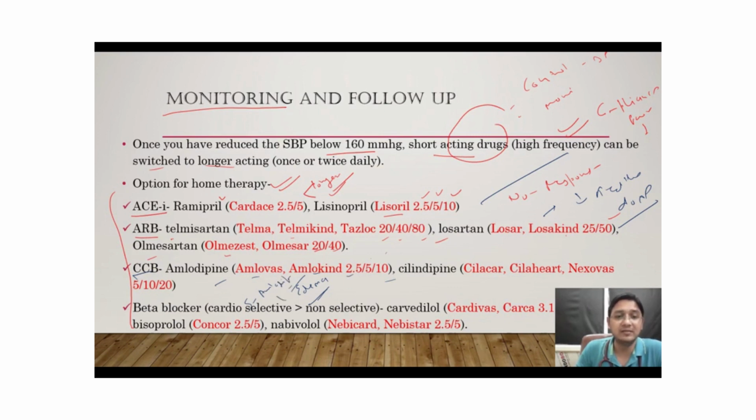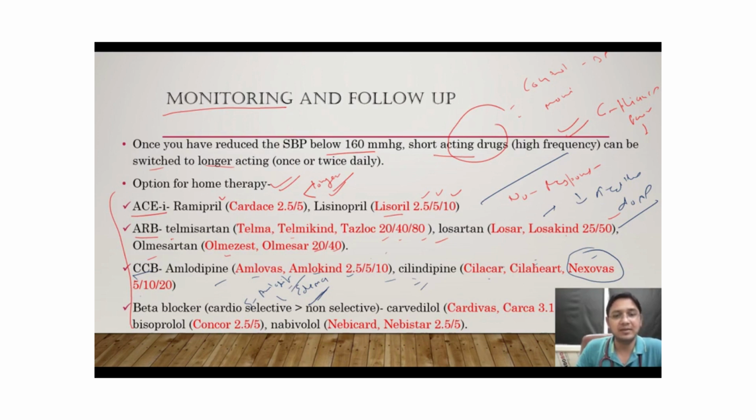You can give that. The edema is much less with S-amlodipine. And we have cilnidipine also, that is also safer in edema patients. Cilnidipine is available as Cilacar, Cilahat or Nexovas. The strength is 5, 10 or 20. So Nexovas is very commonly available in the Indian market. We are very frequently using Cilacar and Cilahat, also well-known brands of cilnidipine.